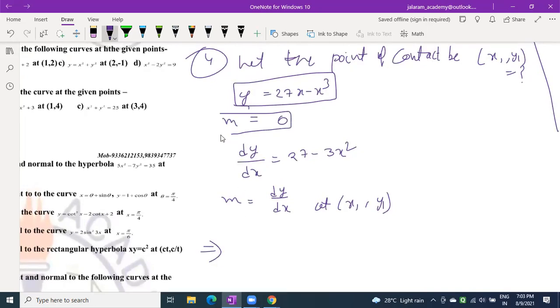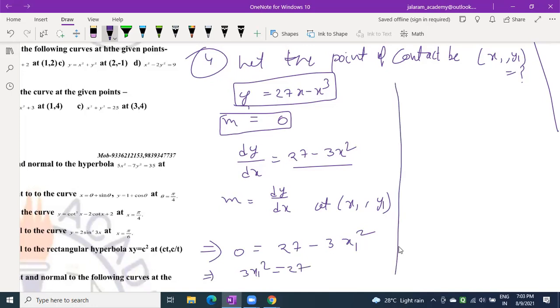One of the slopes is already given, it is 0. So we write 0 equals 27 minus 3x1 squared. It implies 3x1 squared equals 27, so x1 squared equals 9, which implies x1 equals plus or minus 3.